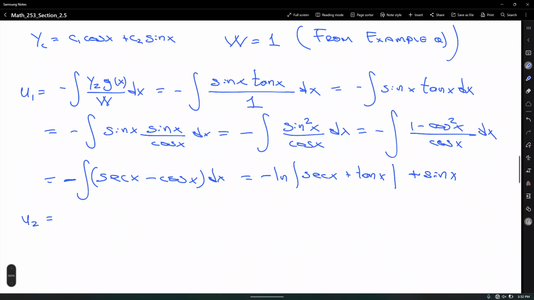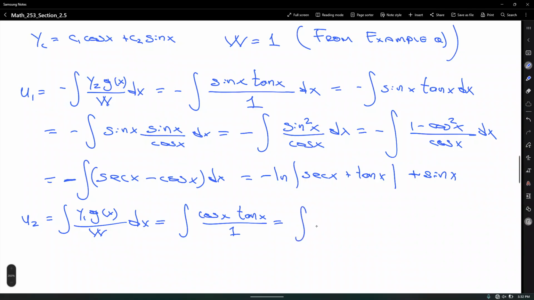Let's do U2. U2 is the integral of y sub 1 g of x divided by w dx. Where, what was y1? Wasn't that cosine x? Times tangent, over 1 again. This one is going to be nicer because check this out.